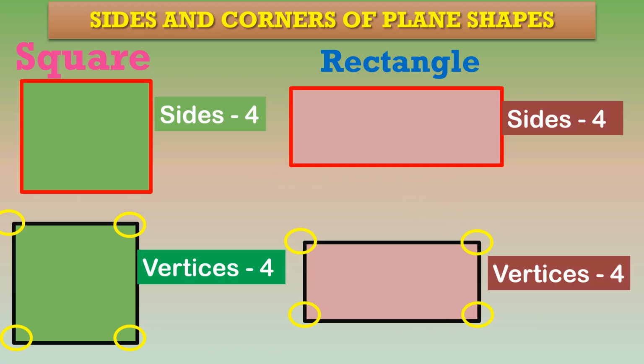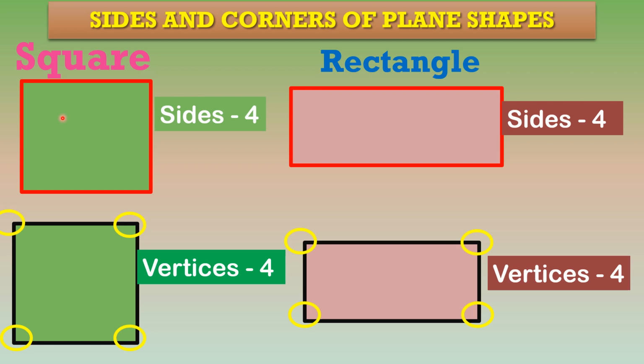Now we are going to learn sides and corners of some plane shapes. This figure is called square. Have you seen some objects which are square in shape? Carom board, top of dice, and some clocks are square in shape.